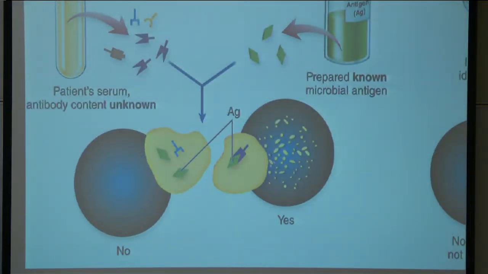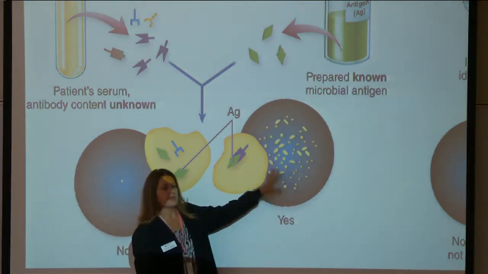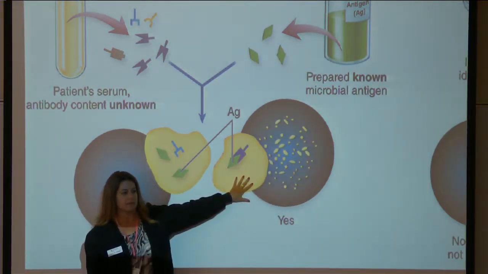If there is clumping as a result, it's because antibody attached to the antigen, and you see that visual result. If they're not specific for each other, then you don't see that clumping. Okay, this is just the premise, just the idea behind what we're looking for. The only way you should see a positive result is if that antibody is there.